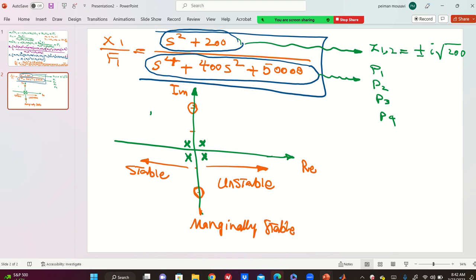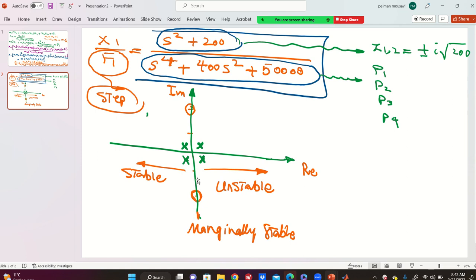Okay? It's marginally stable. So, but these are not the poles, these are zeros located here. So that's why, okay, I want to give a step to this step function, to this high order system. Okay, and plot it in the Simulink. Okay. Okay, let's see how it behaves.